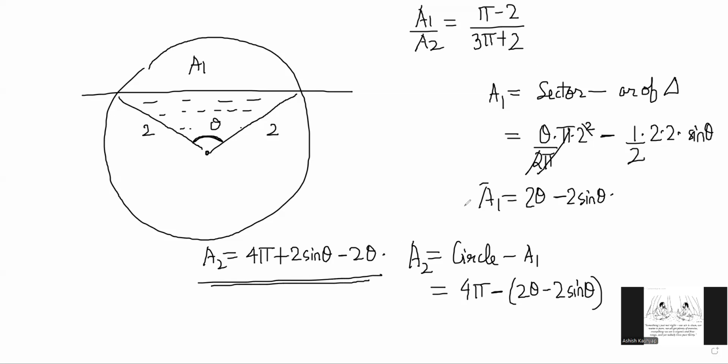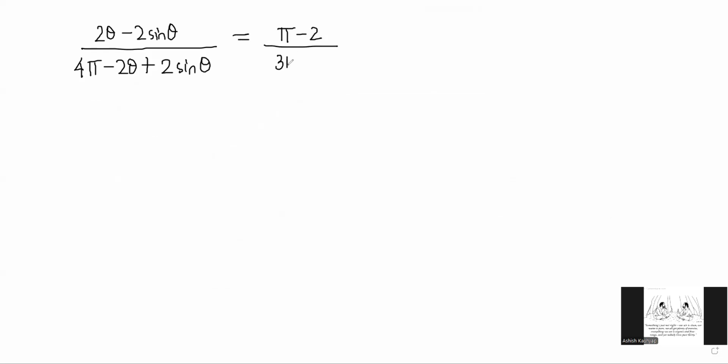And now I need to take the ratio of A1 and A2 and say that it is equal to pi minus 2 by 3 pi plus 2, right? So let me do that on the next screen. We'll say 2 theta minus 2 sine theta divided by 4 pi minus 2 theta plus 2 sine theta is equal to pi minus 2 over 3 pi plus 2, correct?